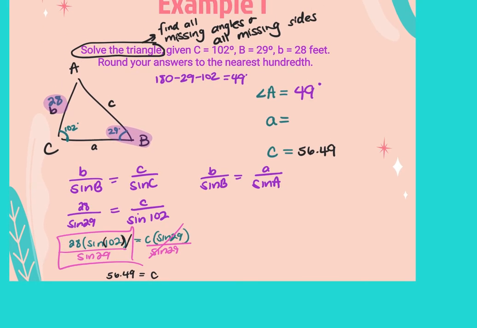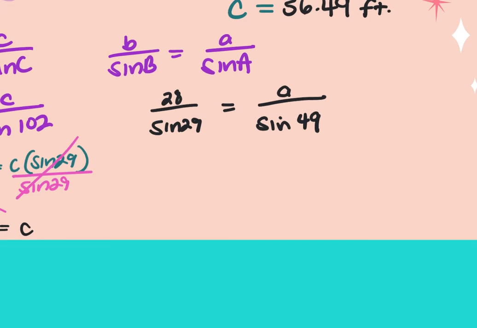This is technically feet. If it asked for a unit, it would be feet. Then I'm going to do the same thing for A. So B, which is 28, over the sine of 29 equals A, a side I don't know, over the sine of angle A, which we found to be 49. Then I cross multiply and divide.